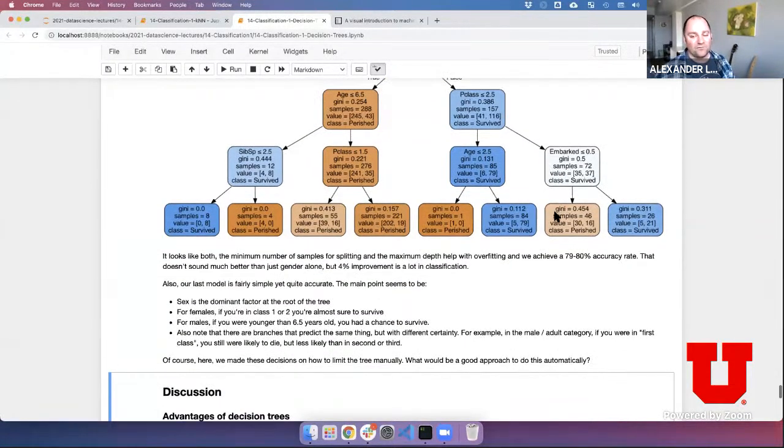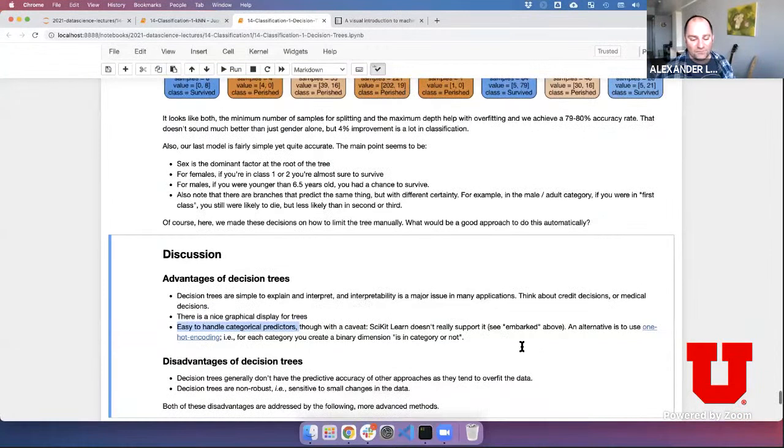And so what we should have done instead is an approach that's called one-hot encoding, where we create a new dimension just for one label in the category. So entered in Cherbourg or not, and then entered in, I forget what it was, but whatever, this British town or not.